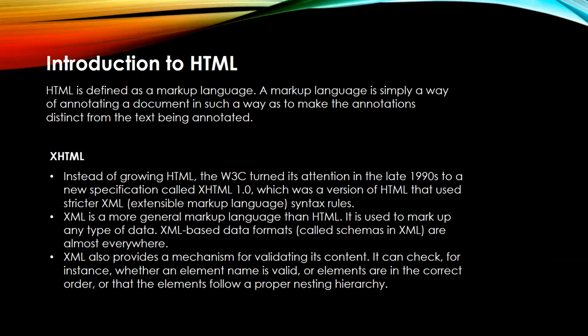So we have something called XHTML and HTML5. Let us see what is XHTML. Instead of growing HTML, the W3C turned its attention in the late 1990s to a new specification called XHTML 1.0, which was a version of HTML that used stricter XML syntax rules.